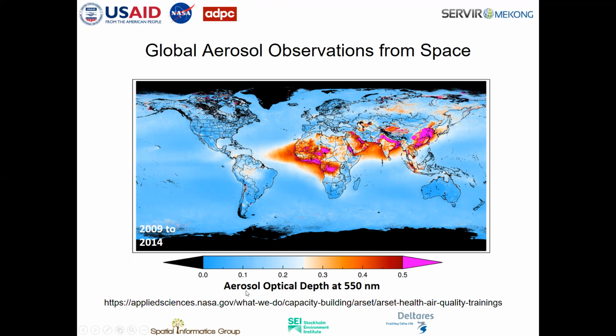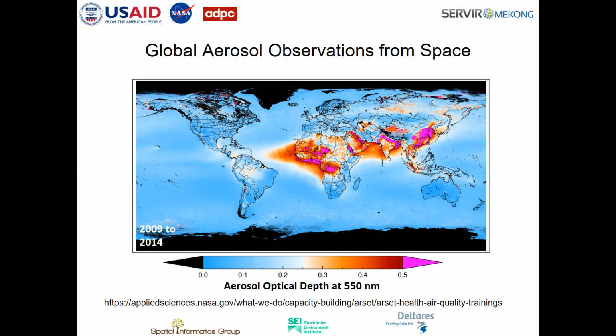Now we have one term, aerosol optical depth, and I will elaborate on this in the next slide. From this slide, you see the satellite data can provide a unique ability to understand the spatial and temporal variability in aerosols, which is not possible from surface measurements, right?